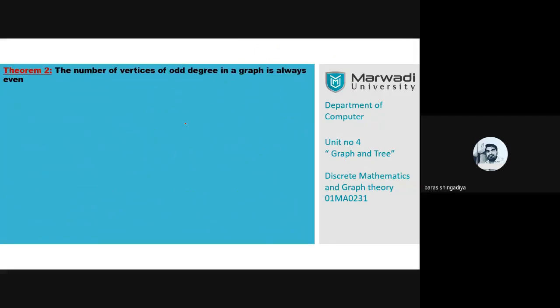Now let us discuss the second theorem. It is also very important, based on the degree of the vertices. So what is the statement? The number of vertices of odd degree in a graph is always even in quantity.